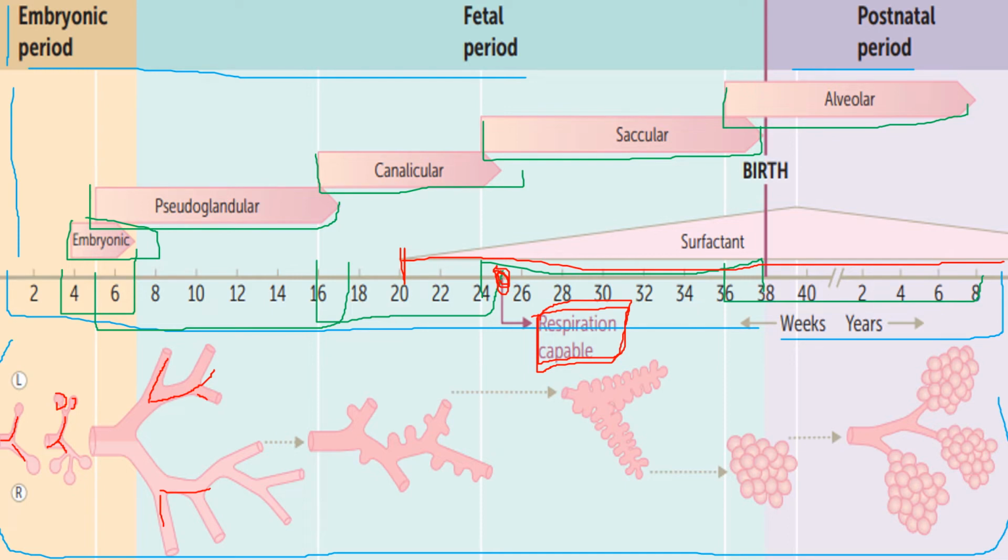In pseudoglandular and canalicular stages, these bronchi get widened in diameter, so they are making passage for conduction of air smoothly. After that, these bronchi are getting nodule like, which will form alveoli in alveolar stage. As you can see here, these are the bead like structures which represent the alveoli, and it is surrounded by prominent capillary network for the exchange of gases.